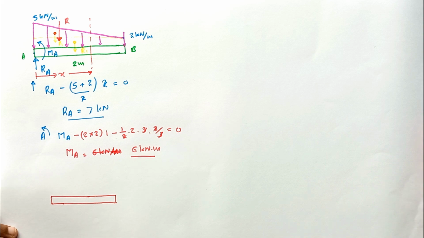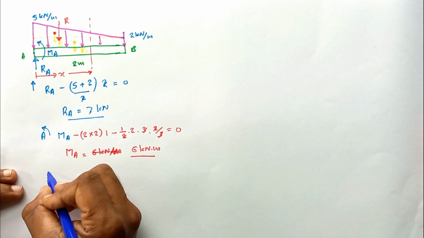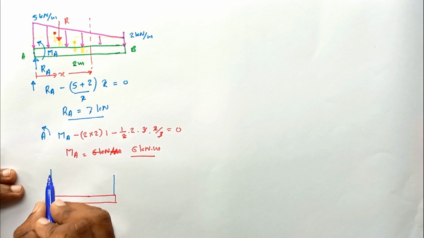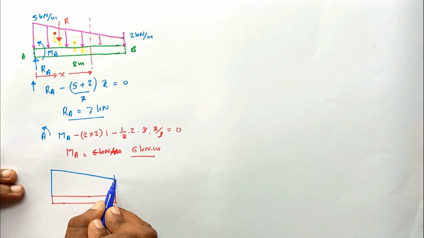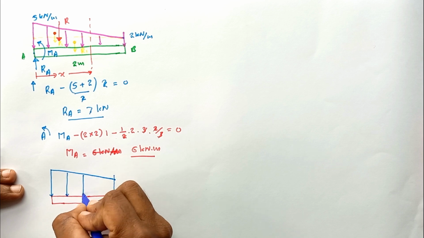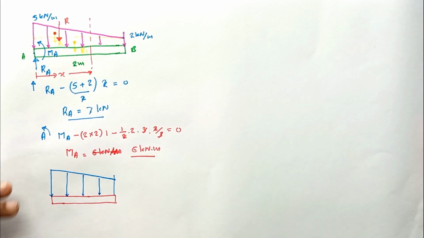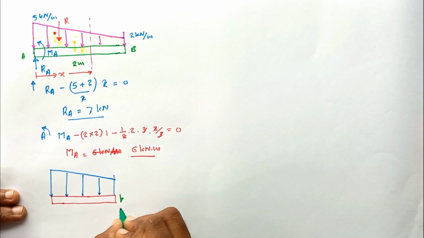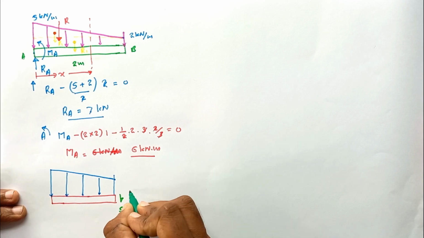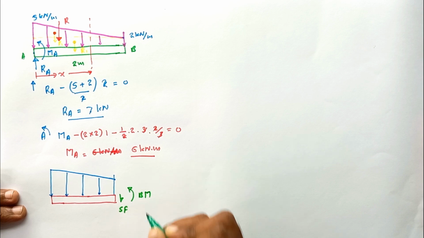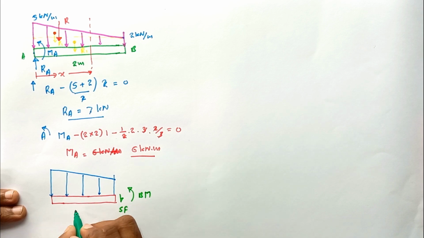Let me mark the load acting on it. This is the distributed load acting. Then the shear force acting on this face. Here, let's take the bending moment, and this distance is equal to x.